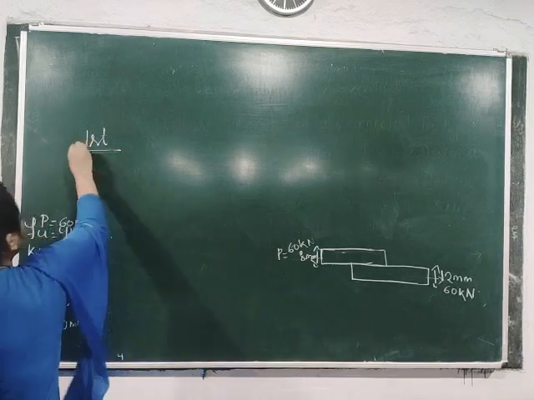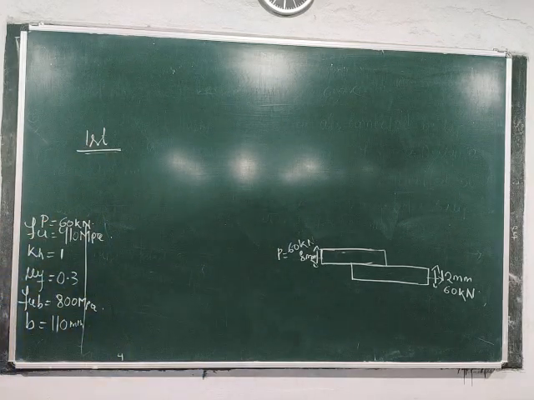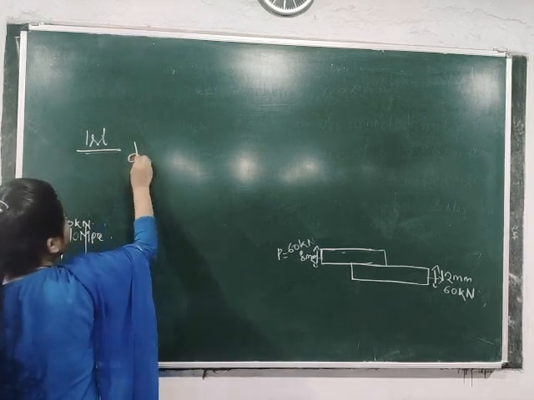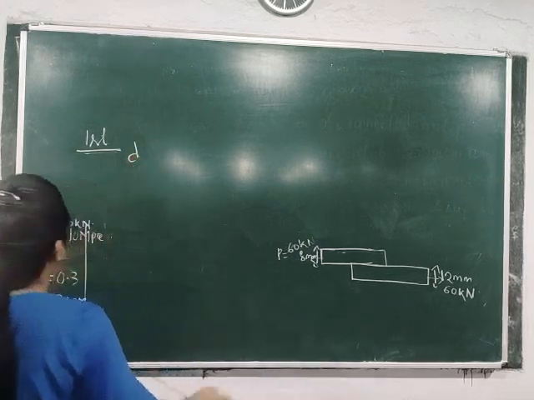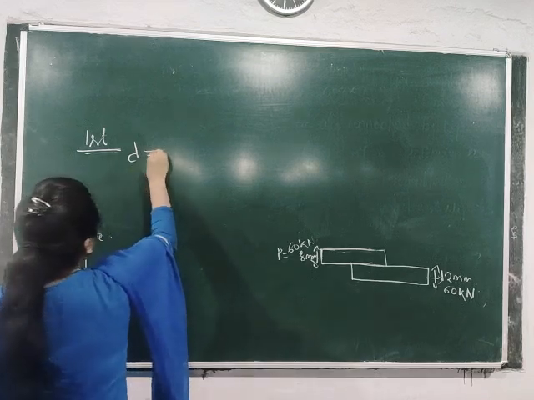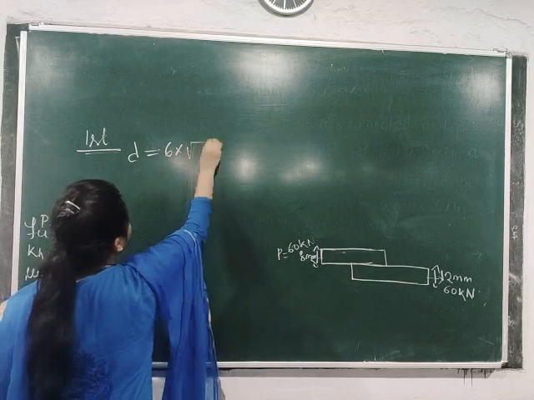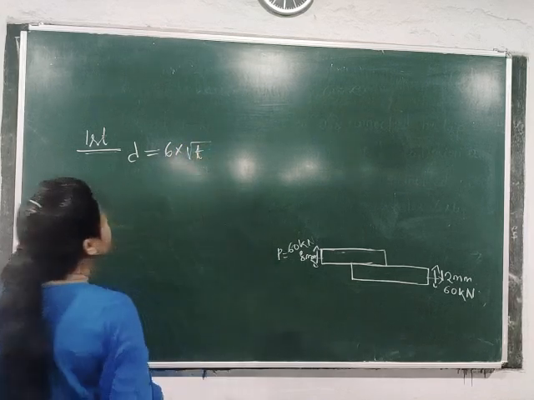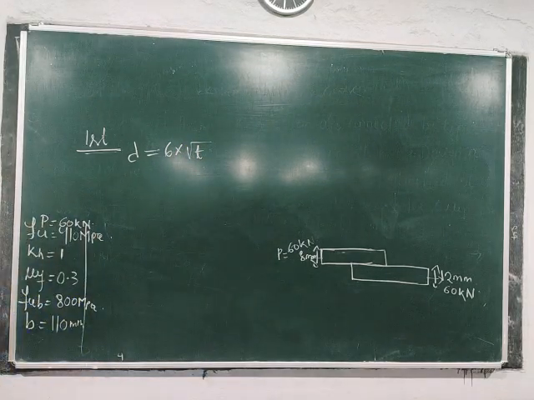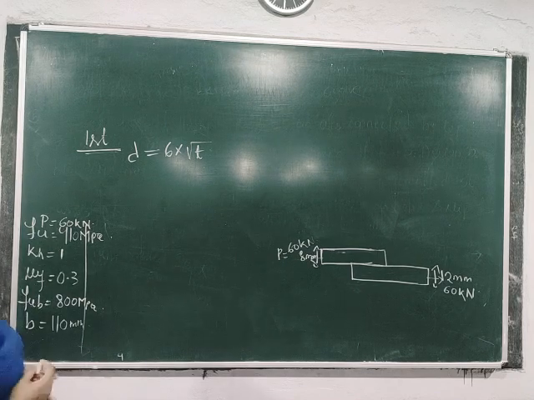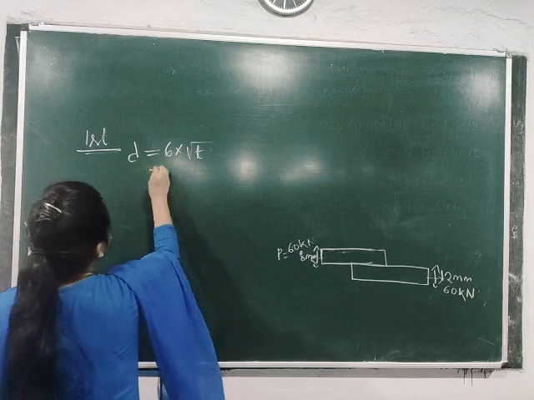The formula is 6 into root over of t, and here t is the thickness in mm, and we always take the thickness of the thinner plate.